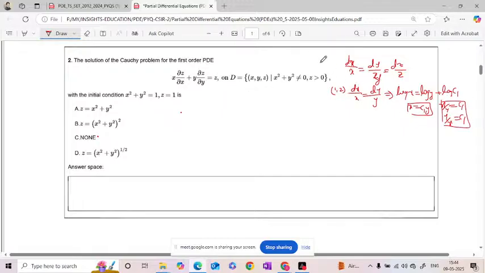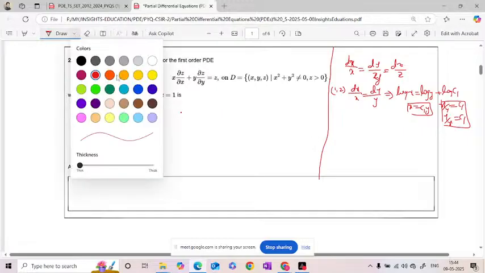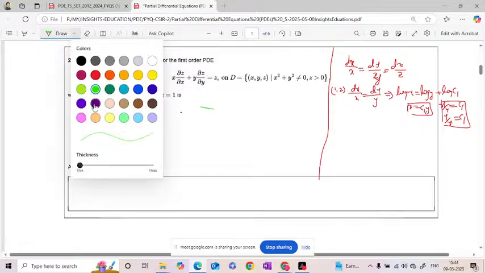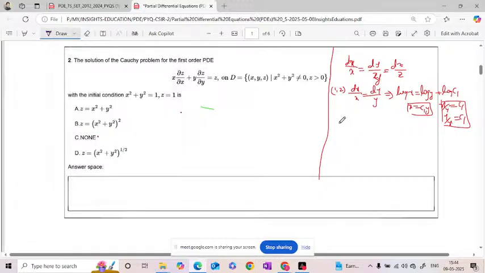Similarly, come to the second solution. Second solution is from 1 and 3, after taking 1 3, dx by x and dz by z, now we will get the answer same, x by z is equal to constant or z by x is equal to constant.